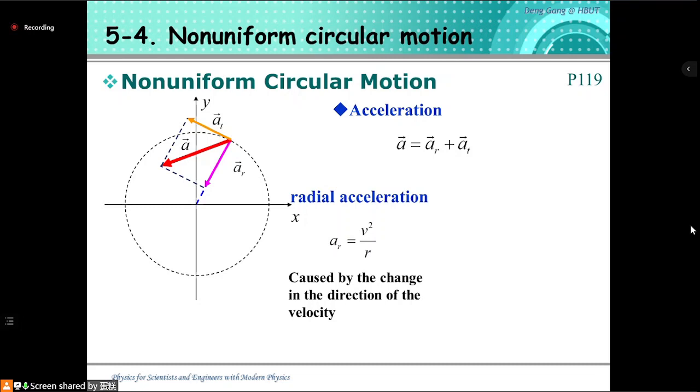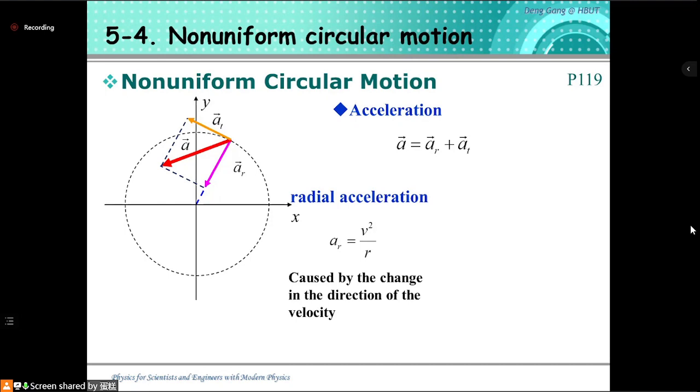For uniform circular motion, the radial acceleration is the same, v squared over r, but there v is constant. For non-uniform circular motion, in this equation v is not constant. At different places, v can be different. But for uniform circular motion, v is the same because the speed does not change.